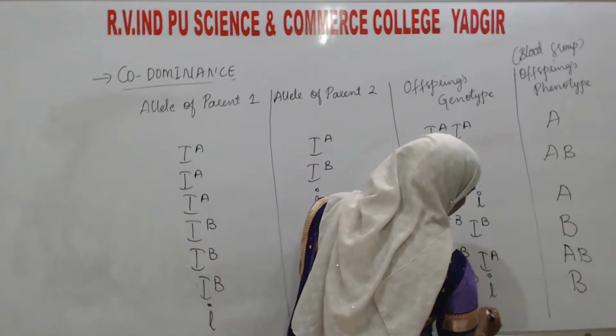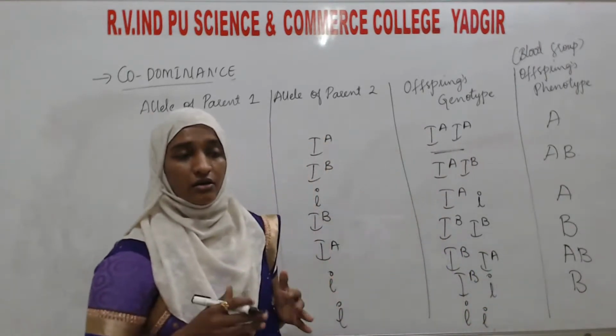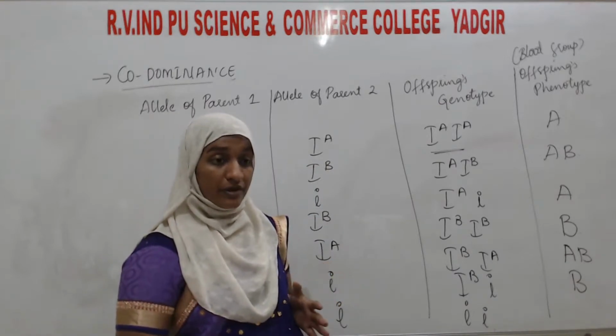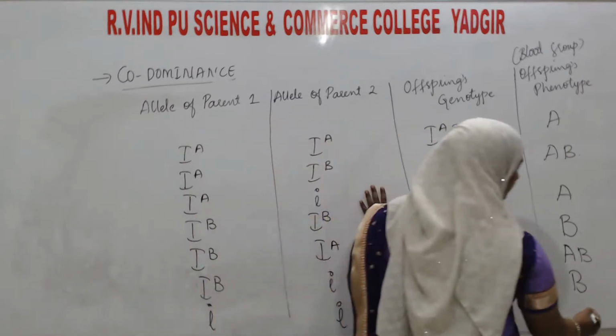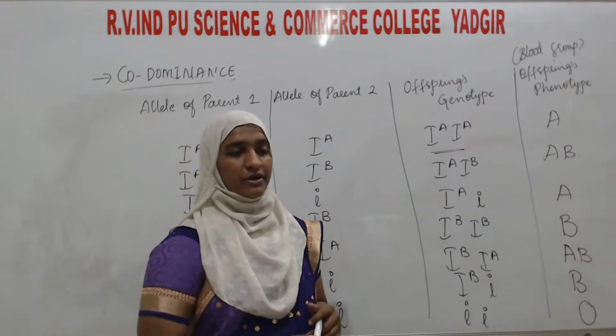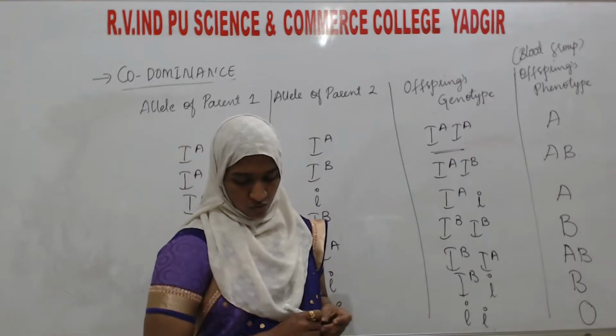Small i small i. They both are not going to express here. So what will be the blood group here? The blood group will be O.